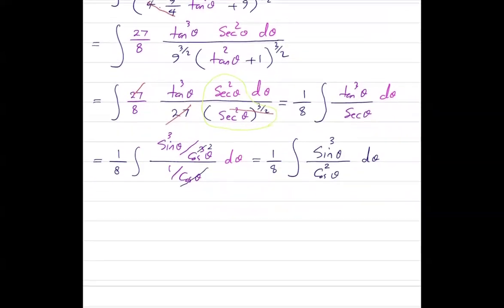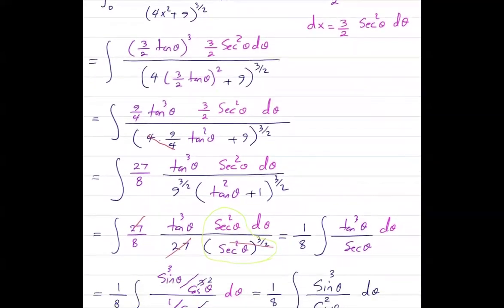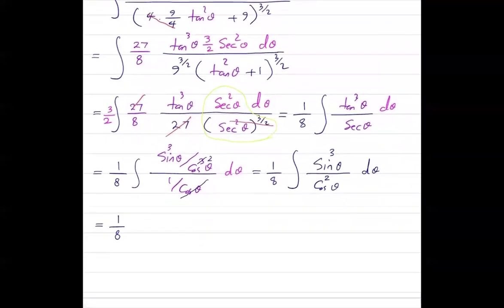Okay. Now, as you can see, you have powers of sine and cosine. What you can do, you can break this guy down into 1 over 8. Let me make sure I wrote this guy down correct. Oh, I forgot to copy this guy down. Yeah, guys, I forgot to write down 3 halves. So let's just add 3 halves before we go further.